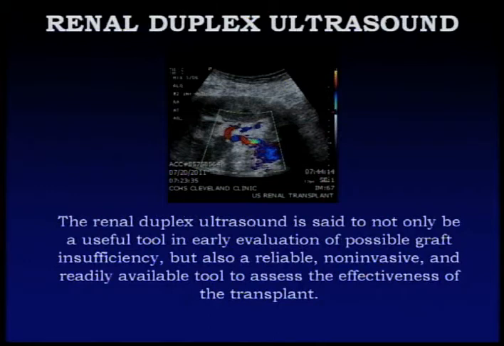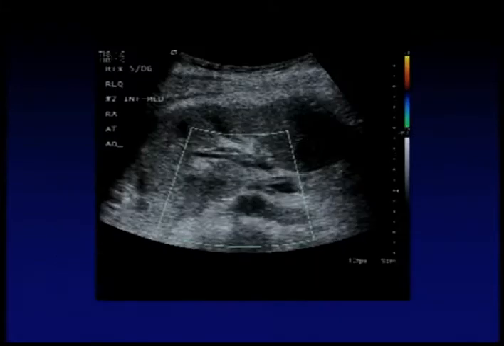My research focused on the renal duplex ultrasound that is said to not only be a useful tool in early evaluation of possible graft insufficiency, but also a reliable, non-invasive, and readily available tool to assess the effectiveness of the transplant. An ultrasound such as this would show the vascular complications in an allograft after the post-operative period.